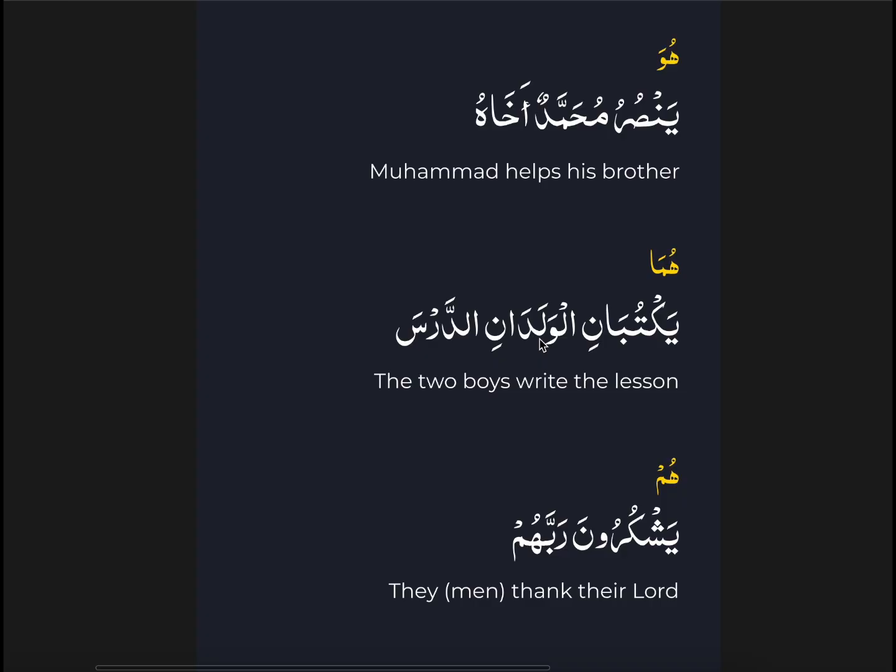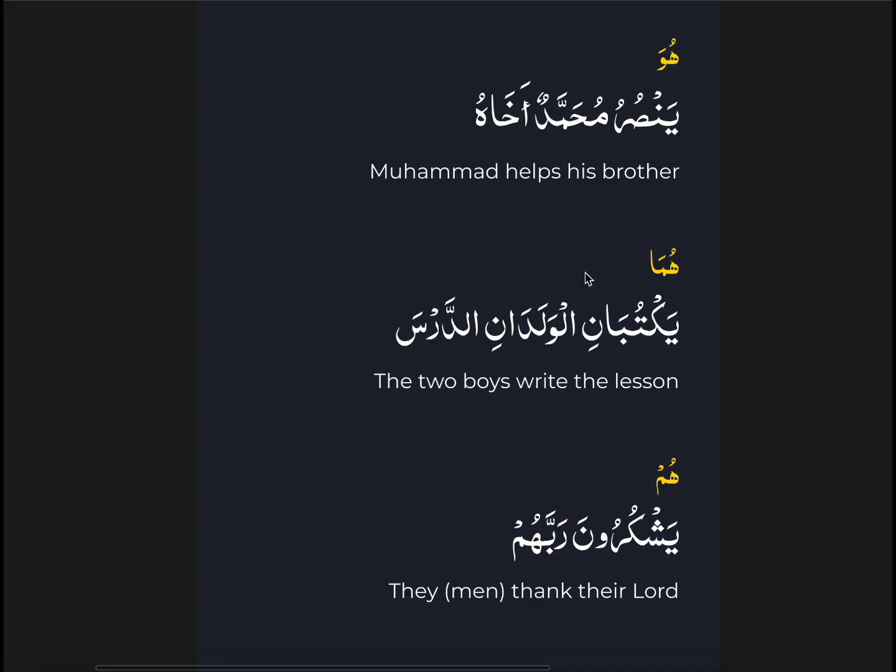Waladun, waladan, waladin, waladani, this is rafa. Waladun means boy, waladani means both boys. So since this is rafa, it is going to replace the hidden doer, meaning it is going to replace huma. So the translation becomes the two boys write ad-darsa, the lesson.